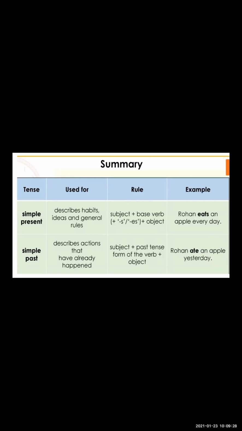Sometimes we add ed, sometimes it is a different word. For example, eat becomes ate in the past tense, and play becomes played. So that's it about the past tense.